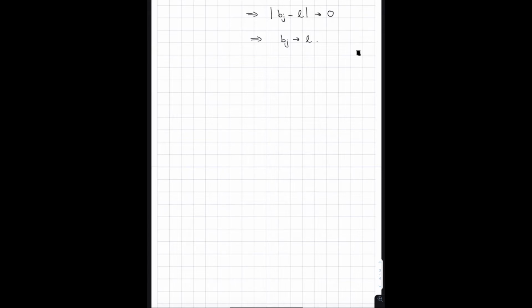Let's see what a sequence in R to the power of n looks like. If you have a sequence in R to the power of n, you can essentially define it something like this: A of n, B of n, C of n, D of n. I guess this makes the point. So I have these 4 sequences.